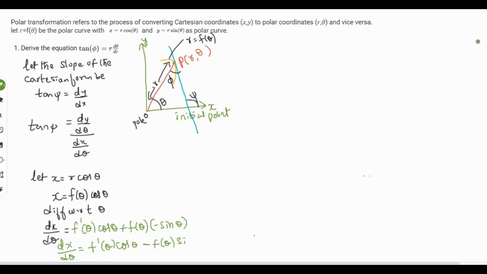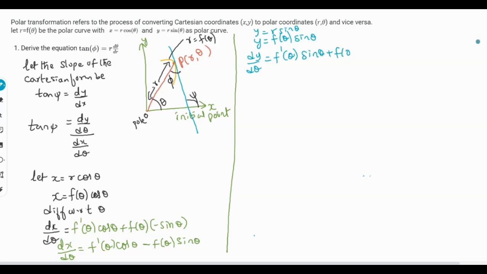Then next we have y is equal to f theta sin theta, that is y is equal to r sin theta. Now differentiating with respect to theta, dy by d theta: first term differentiation f dash theta sin theta as it is, plus f theta as it is, differentiation of sin will be cos theta.